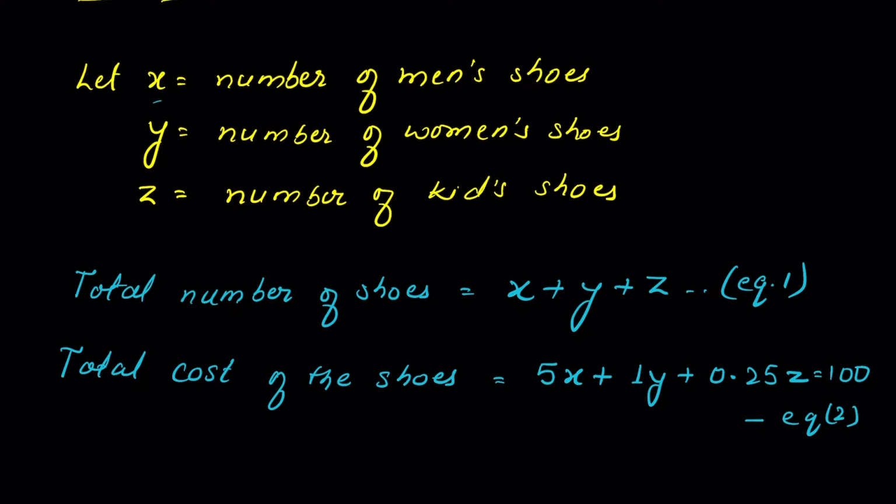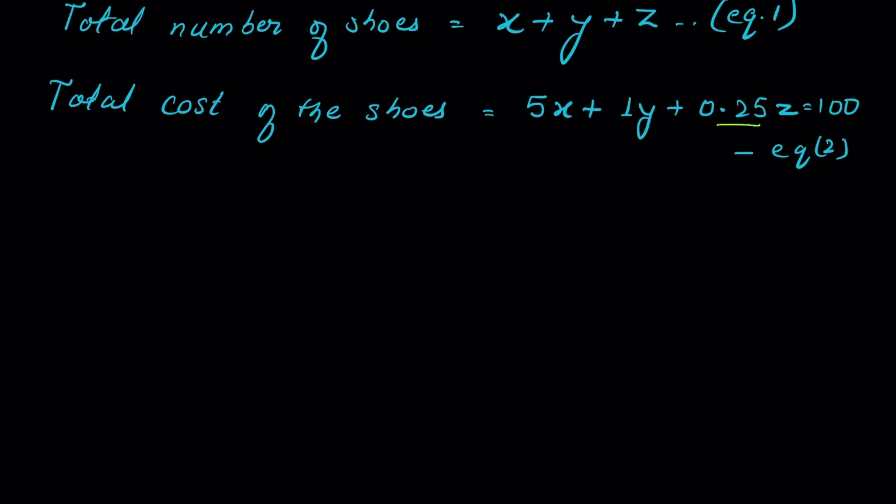Now we have two equations. Here we have a decimal, so let's first remove the decimal. We have 5x plus y plus 0.25z equals 100.